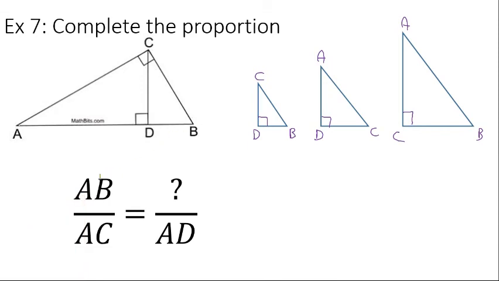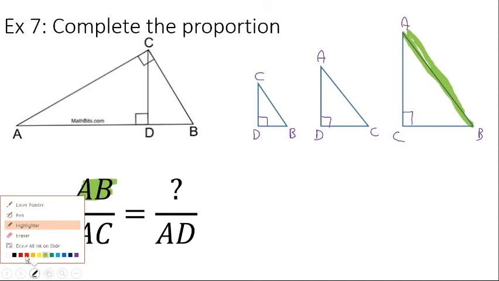So start off with AB. AB is right here. Okay, there's no other triangle in AB, so let's stop there.